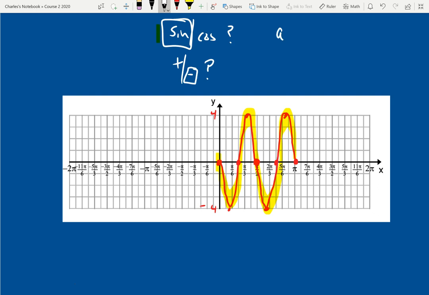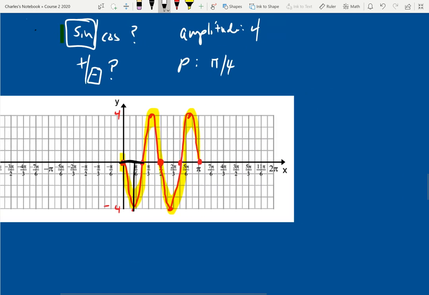What's its amplitude? Its amplitude is 4. Its A value is going to be -4. What's its period? Looks like its period is pi over 4.